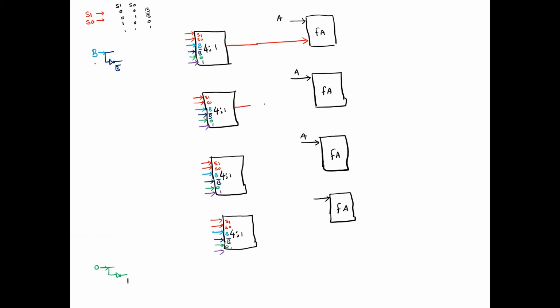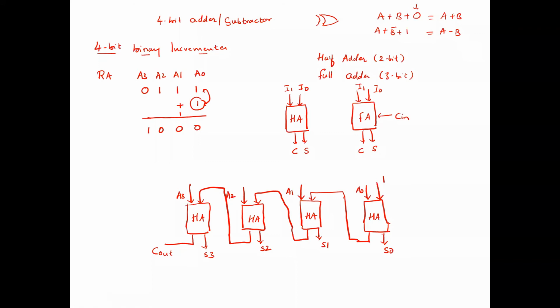For the second, it will come out from here, and the third one comes out of here, and this one comes out. Why do we require 4 full adders? Because it is 4-bit. The reason behind drawing these 4 full adders is to add individual bits.